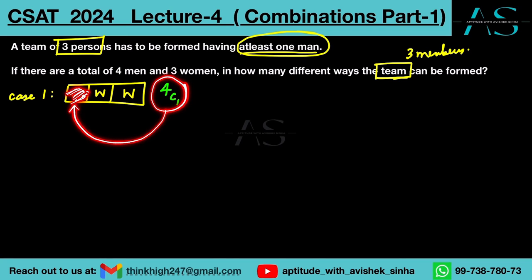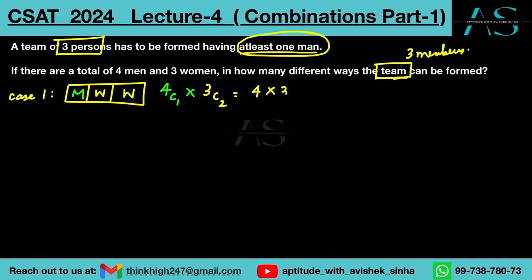So I have selected one member of the 3-member team. Now I need to select 2 more members, and these members are necessarily the women. How many women do I have in total? 3. How many do I need to select in order to make our team? 2. So this is 3C2. What do we have here? We have 4C1 as 4 and 3C2 as 3 into 2 by 2, which is 3. So in 12 ways. Okay.